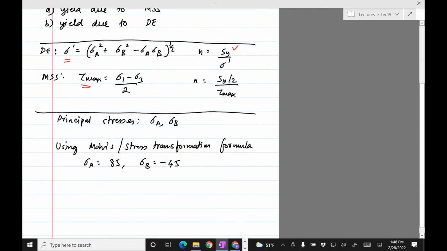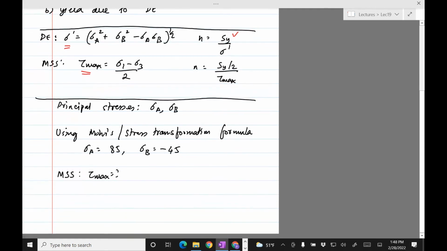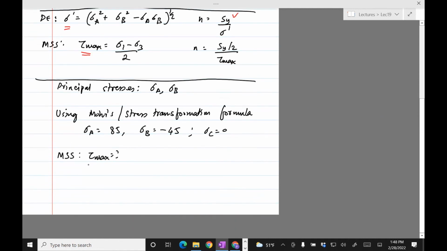Now for the maximum shear stress theory, we need tau max, right? So for that, we need to rearrange these in descending order. So the third stress is 0, right? Because it's a plane stress condition. So then sigma 1 is greater than sigma 2 is greater than sigma 3. And we just look at that and see that sigma 1, the max stress, is sigma A. Sigma 2 is in this case the zero stress, because the third stress is compressive.